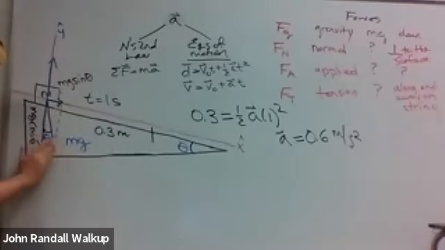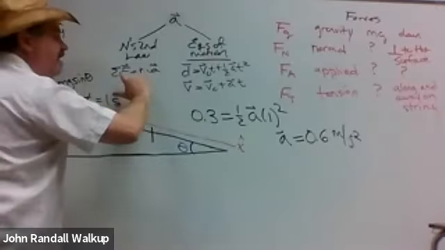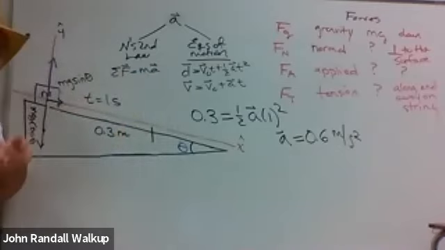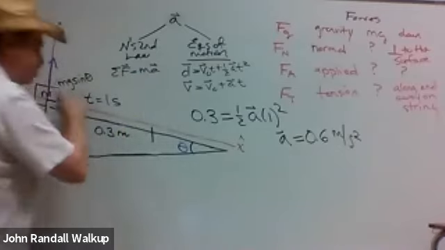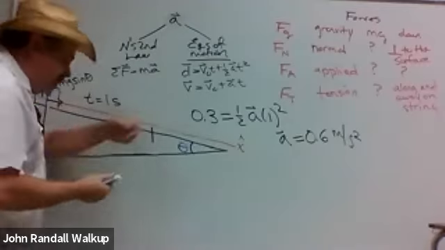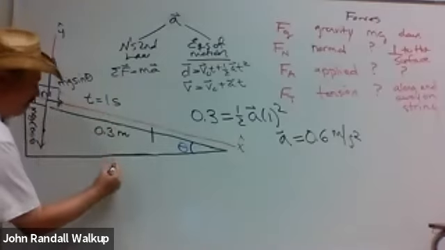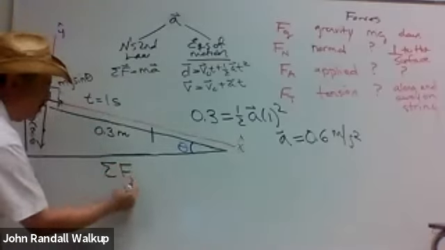And now I don't need this one anymore. Let me vector sum. Oh, this is a vector equation, means it applies in any direction. It applies along the x direction and it applies along the y direction. So let me apply it along the x direction. What are the forces? Oh, I need to write down. We're going to vector sum the forces along the x direction.